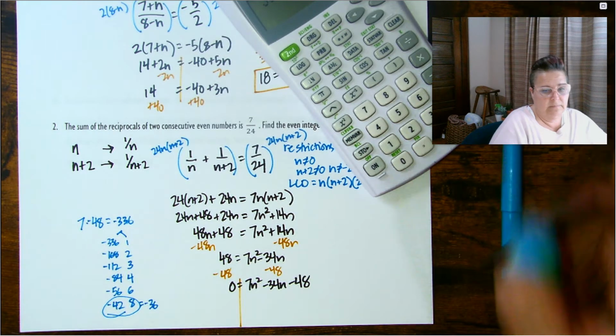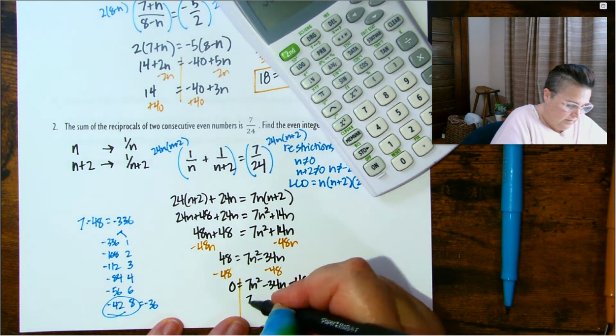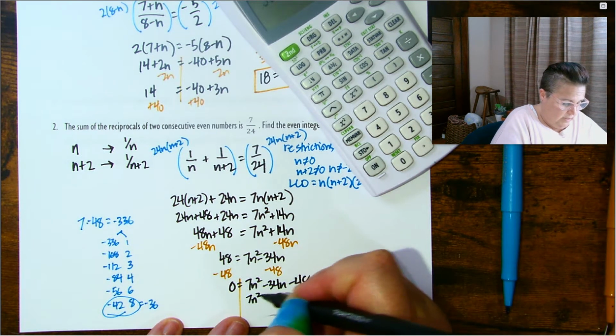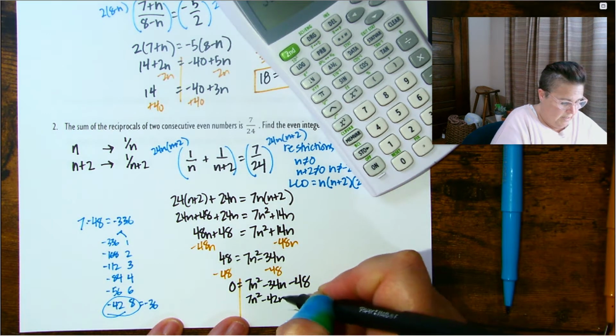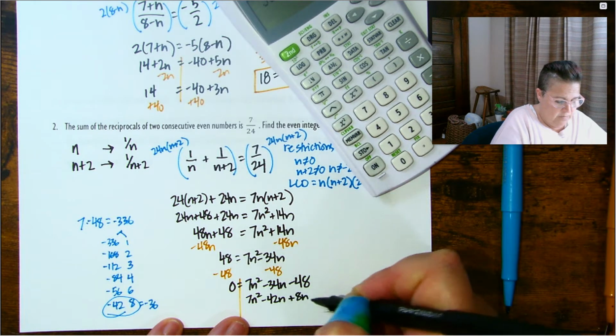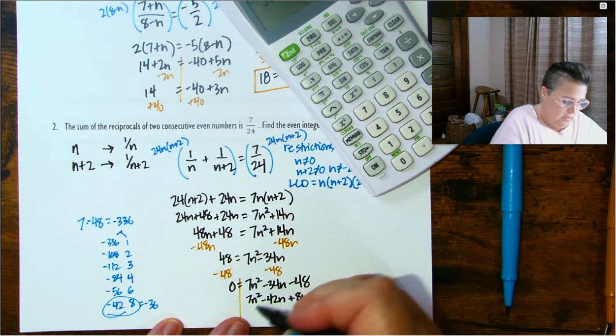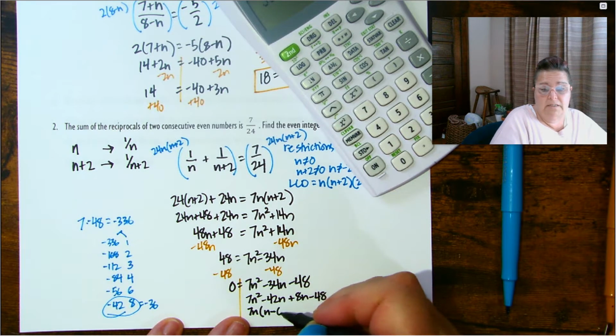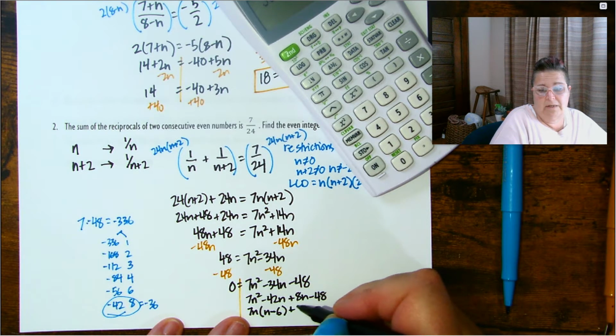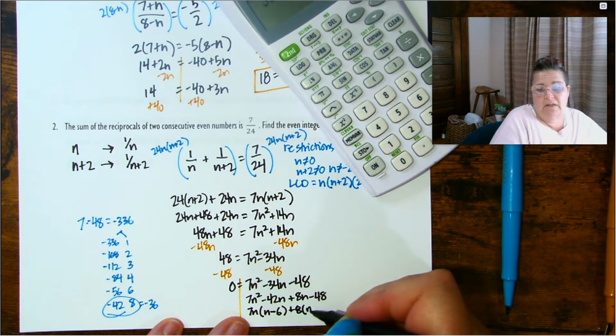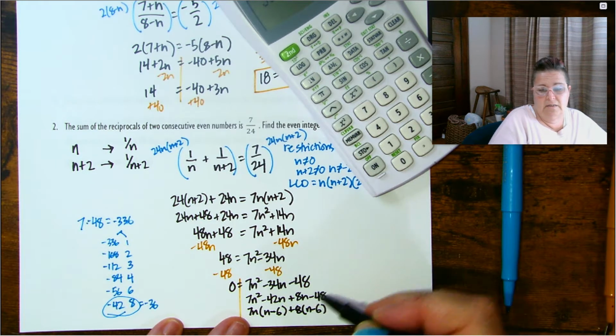Okay. So I'm going to do a 7n squared minus 42n plus 8n minus 48. I'm going to pull out a 7n, n minus 6. I'm going to pull out an 8, and I have an n minus 6.